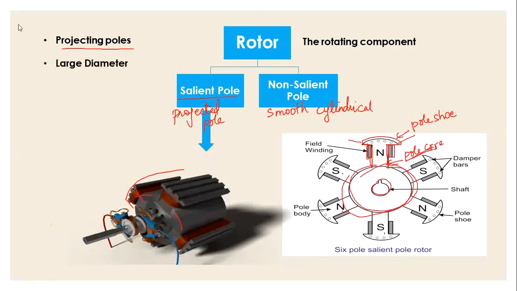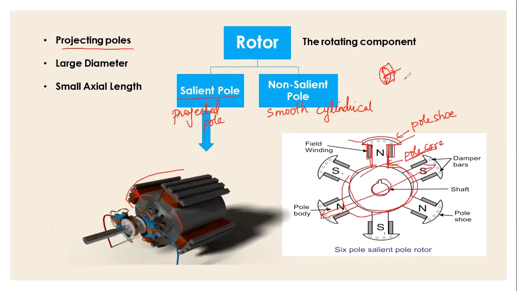The next one is that they have a large diameter. This overall diameter, from here to here, is large, whereas they have a small axial length. What is small axial length? Say this looks like the rotor. This is the diameter and this is your axial length.